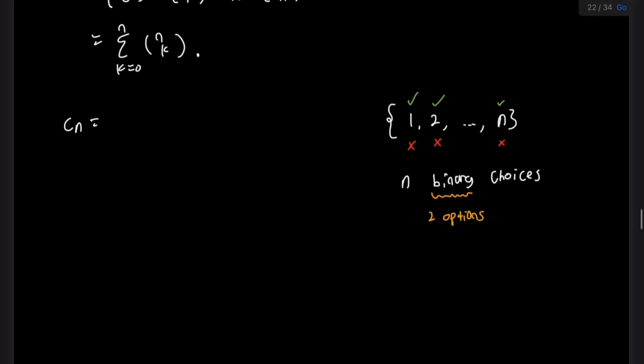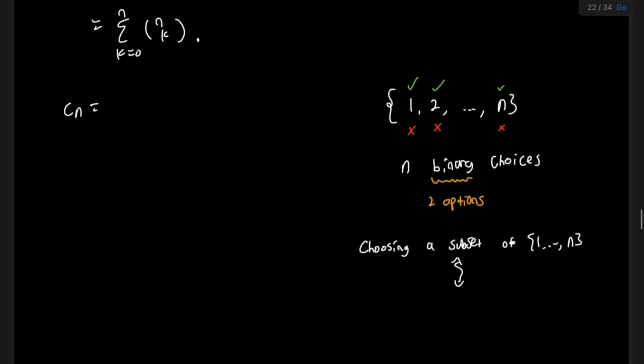So essentially, choosing a subset of this set is really the same as making n binary choices, right? You're essentially saying yes or no to each element.